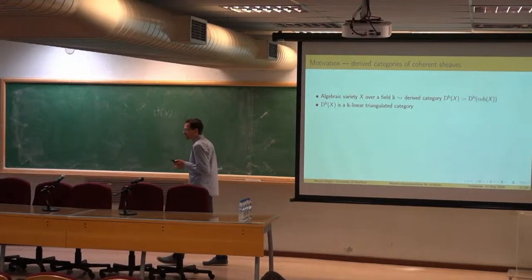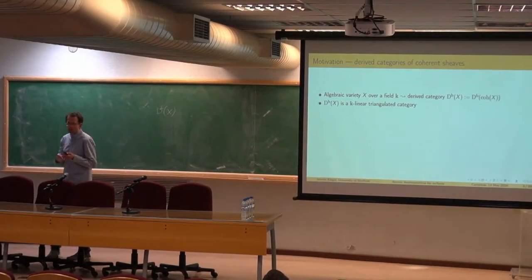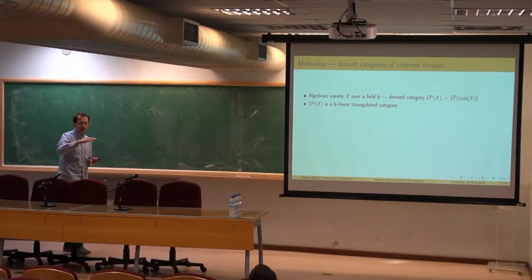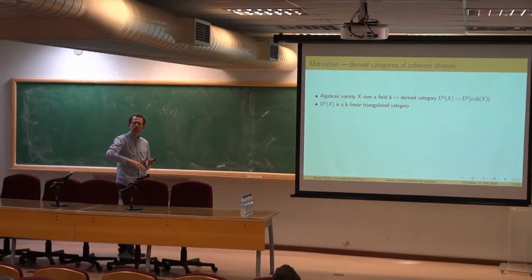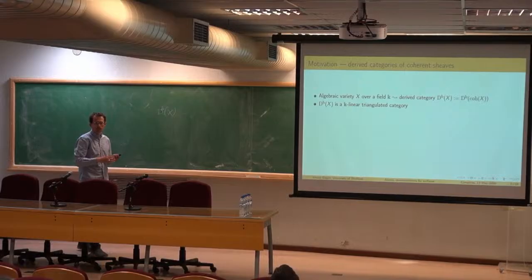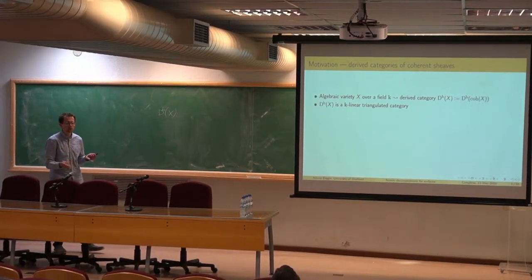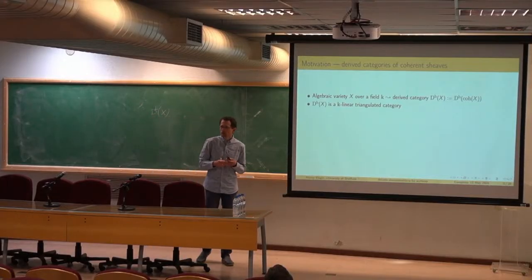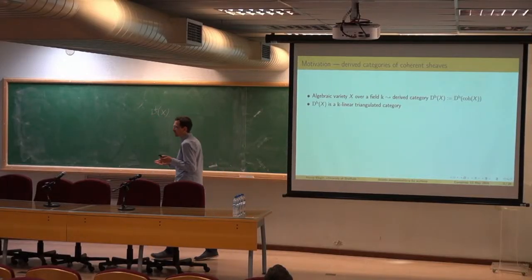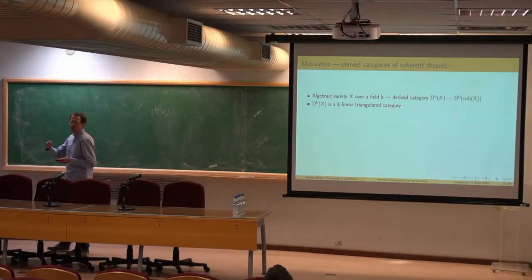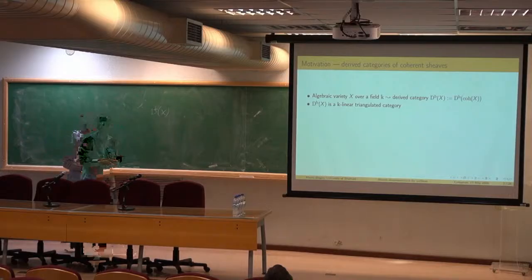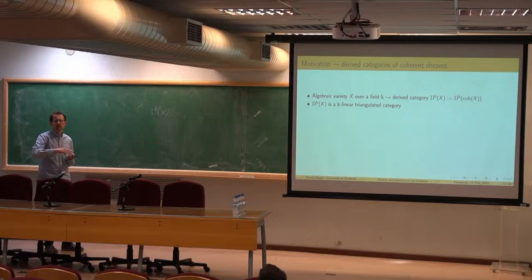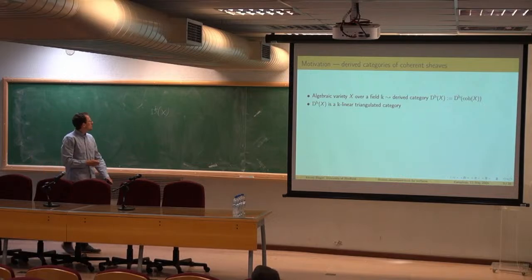And morphisms in this category are not easy to describe, but the idea is that you start from taking just morphisms between complexes that commute with the differentials, and then you formally invert some family of morphisms that are called quasi-isomorphisms. And the idea behind this formal inversion is that we identify, for example, any sheaf and all its resolutions. Identify all complexes that are quasi-isomorphic. We get a category.